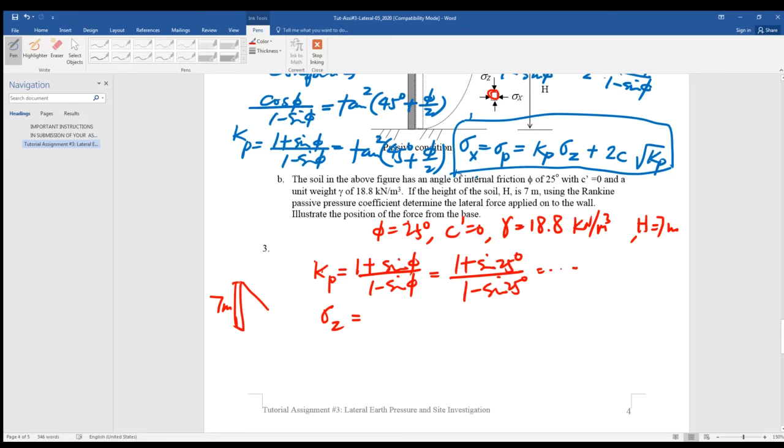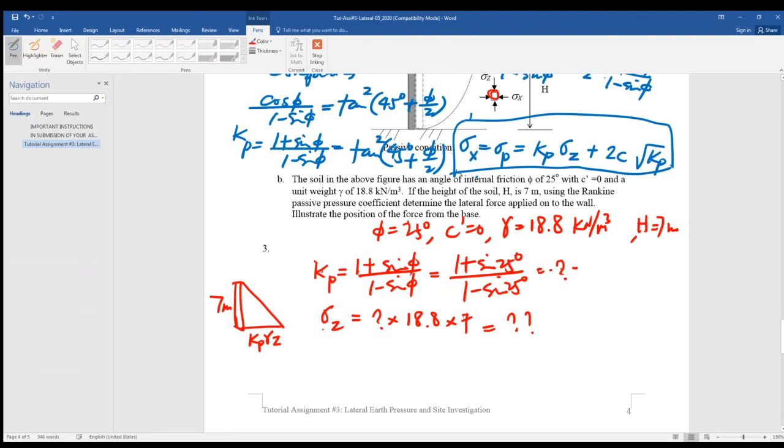You got Kp gamma z, equals to Kp times 18.8, and then times z equal to 7. So you got this value, right? So you got the sigma z.